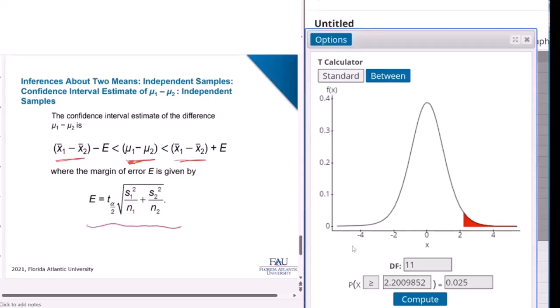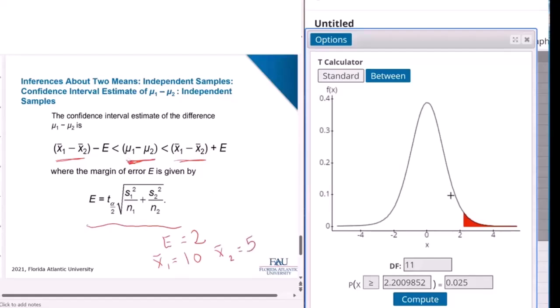We're not going to be using the formula, but I did want to show you, let's say E equals 2 and x1 bar equals 10 and x2 bar equals 5.